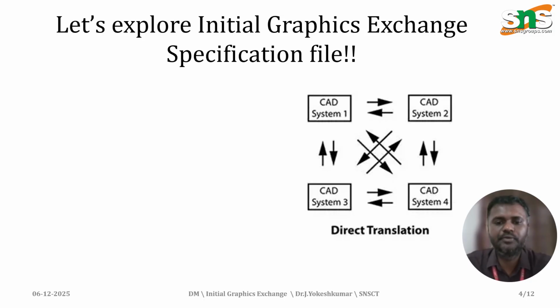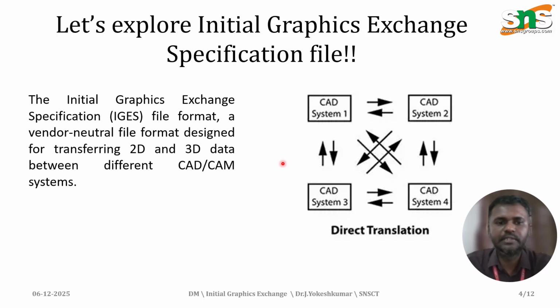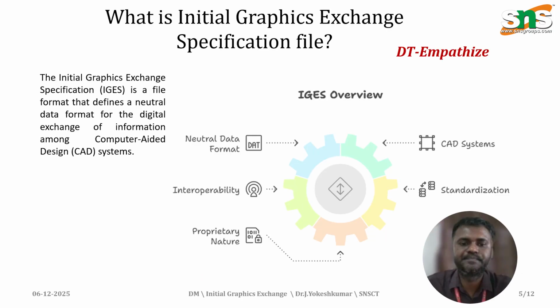For that, we are going to use the direct translation method, by using the IGS format, because it is a neutral vendor file format. It is specifically designed to transfer 2D and 3D data between different CAD/CAM environments without any loss or any lapse. That is the speciality of this system for file transfer applications.